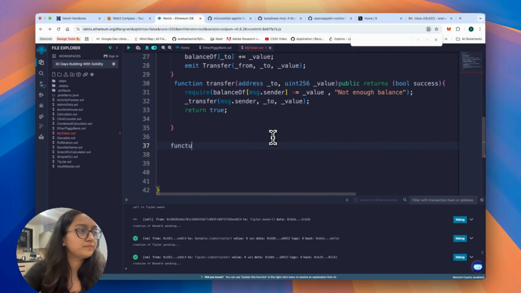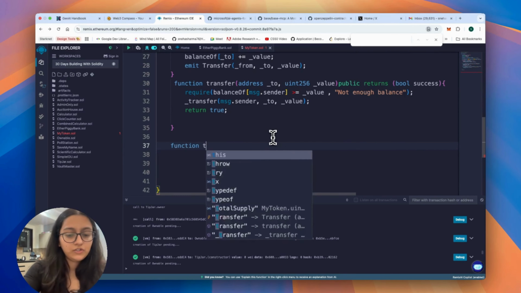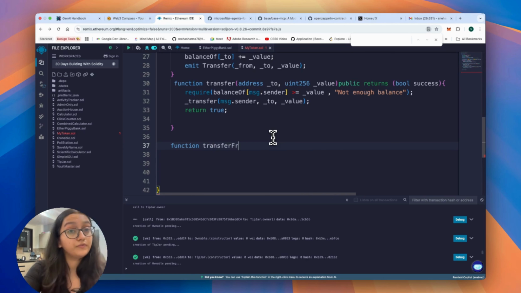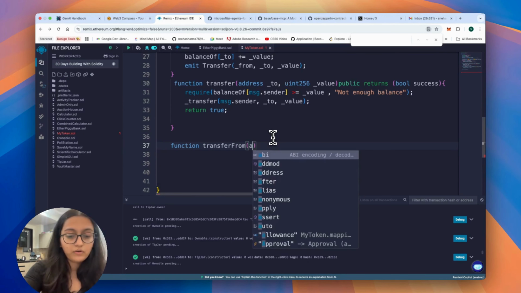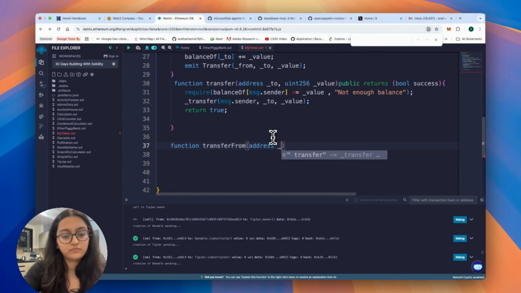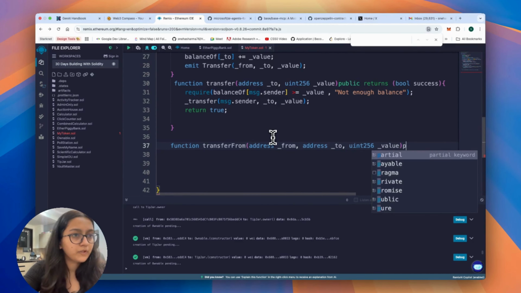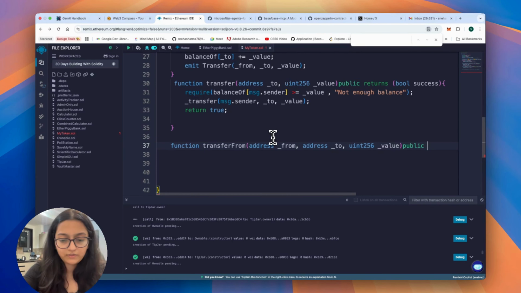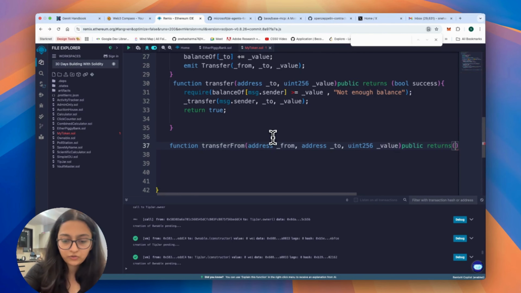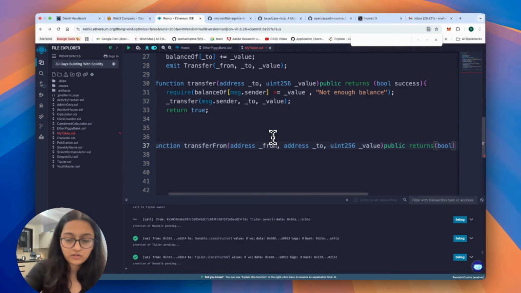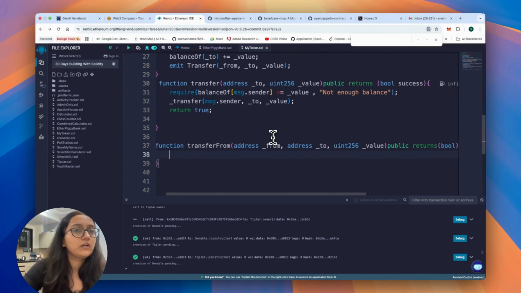Function transferFrom. Now, address _from, same, address _to, uint256 _value. Again, we'll be using the internal function, so we'll say, hey, can you just return success? Okay.